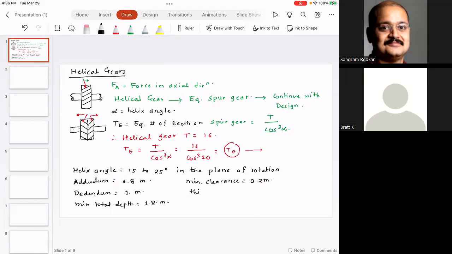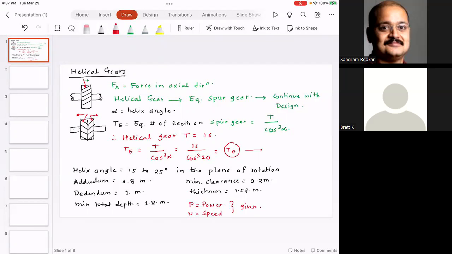Thickness of tooth, 1.57 times module. And typically, just like spur gear, when you design a helical gear, P, which is power, and N, which is speed, would be given.